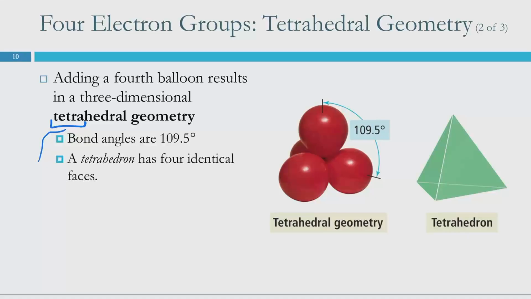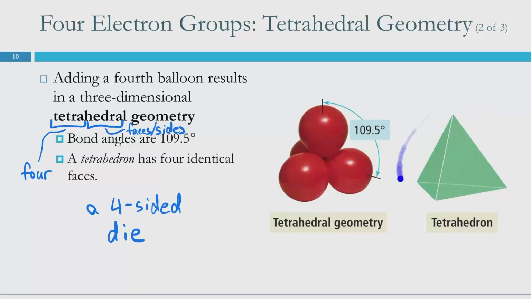Tetra is 4, and the hedral part means faces or sides. And so this is the same shape as a 4-sided die, the singular of dice. And we would represent that sort of like a triangle-based pyramid.